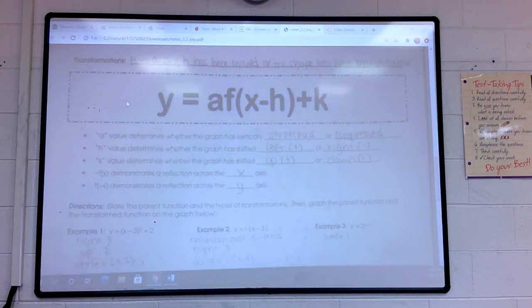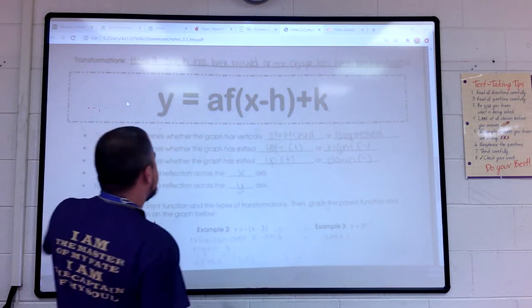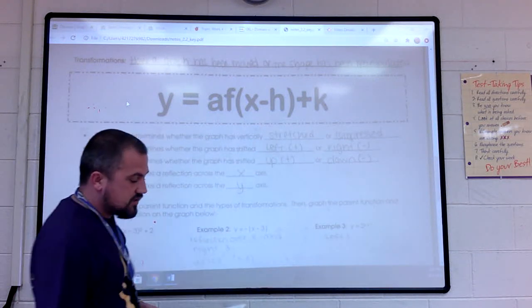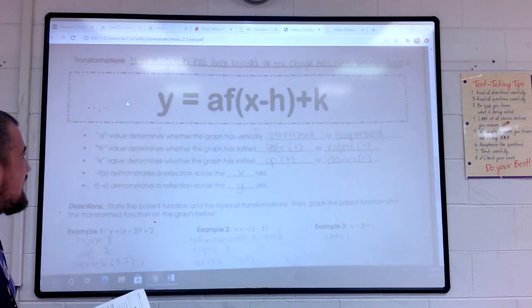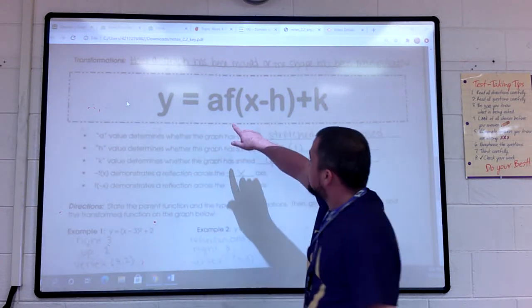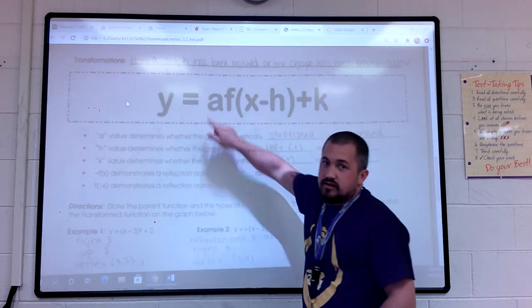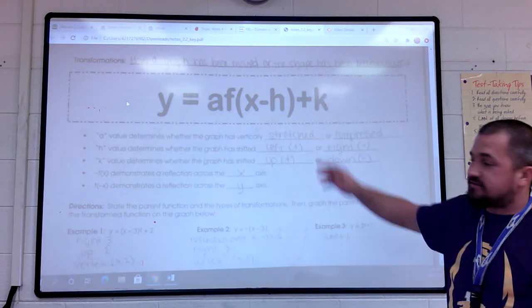A transformation is how a graph has been moved or the shape has been manipulated. And we like to look at this equation: y equals a f of x minus h, plus k. All of these letters have some kind of meaning. The a value is the number out in front of the equation, that first number after y equals.